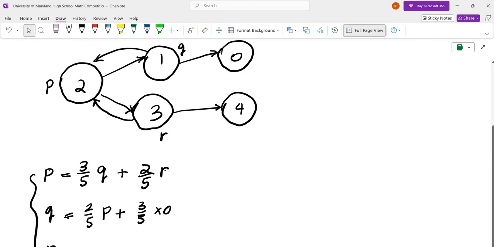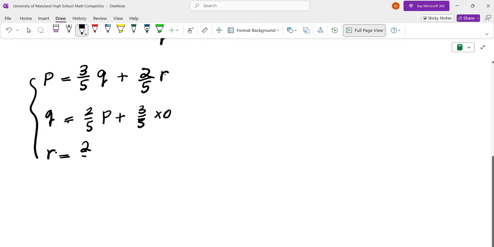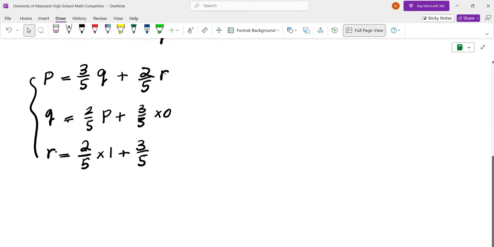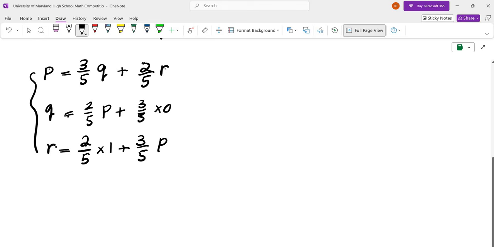Now, if he starts with $3, either he wins a dollar, so the probability of that is 2/5, and the chance of him winning $4 is exactly 1, because he goes from $3 to $4. Or he loses a dollar, the probability of that is 3/5, and he ends up at the situation with $2. So this is a system of equations that we have to solve, and what we need is P.